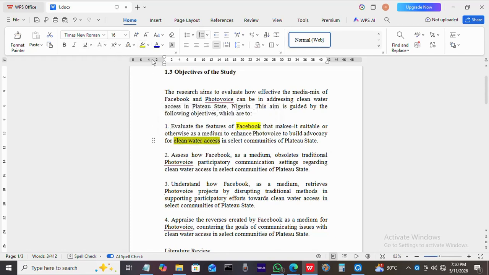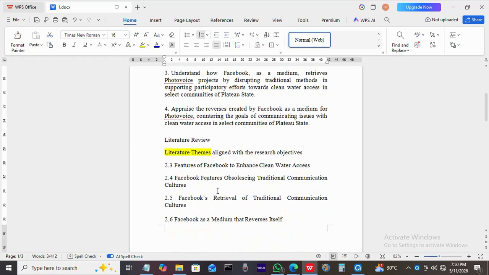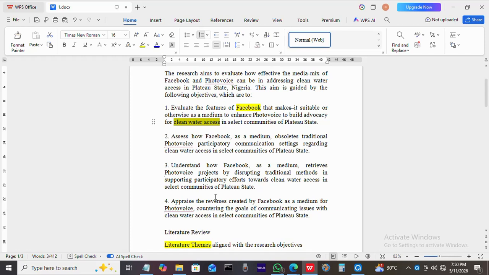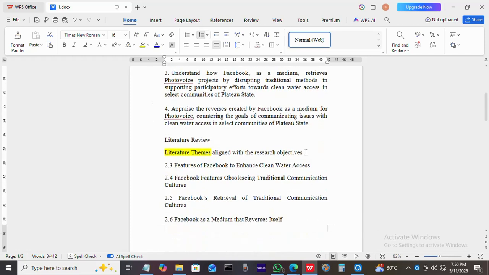So, what are all the literatures that we can find from 2016 to 2026, within the 10-year window, that are talking about Facebook and clean water access?